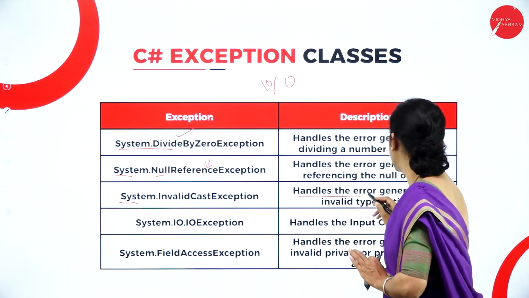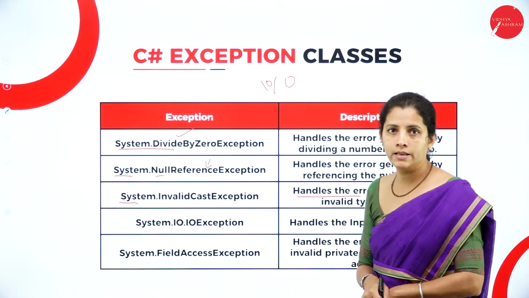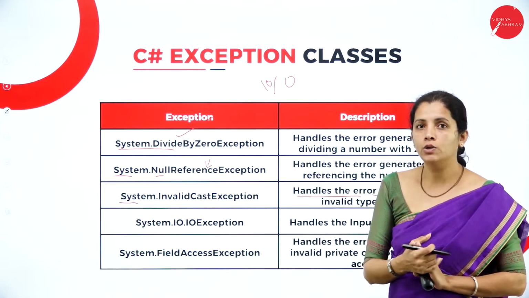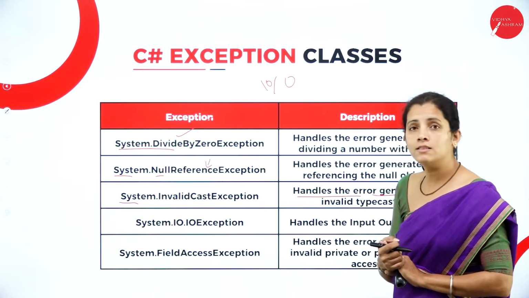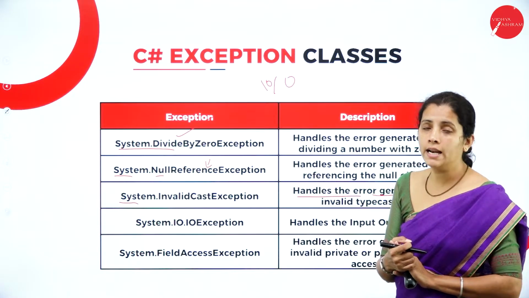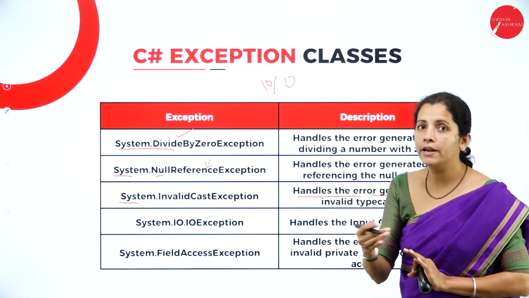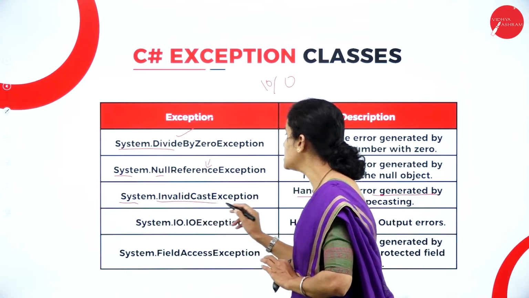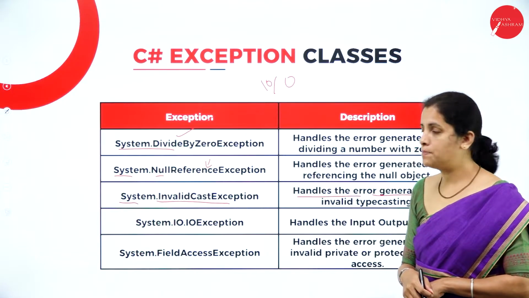So it handles the error generated by invalid typecasting. I just want to convert one type of data into another type of data. At that time, the program is going to generate some kind of errors. To handle those errors, I have the exception class called InvalidCastException.